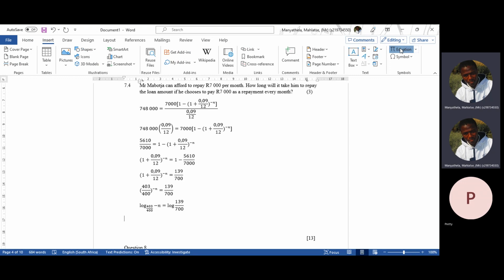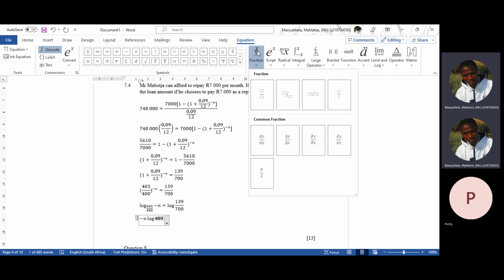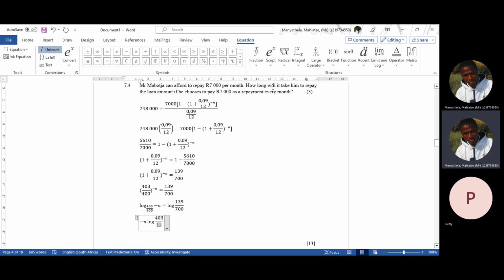On the next step, we'll have negative n log 403 over 400 is equal to log 139 over 700. Let me just copy it, because we are looking for the value of n.